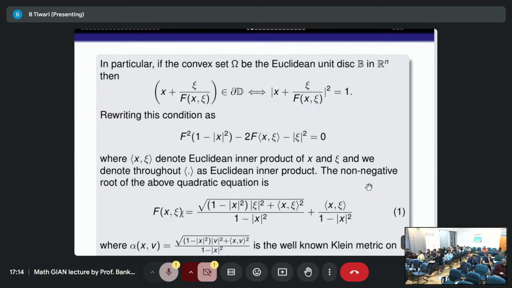So this Finsler structure is actually the sum of a kind of Riemannian metric and a one form, and in fact this one form is a very special one form, a closed one form, and this is the standard Klein metric, right?